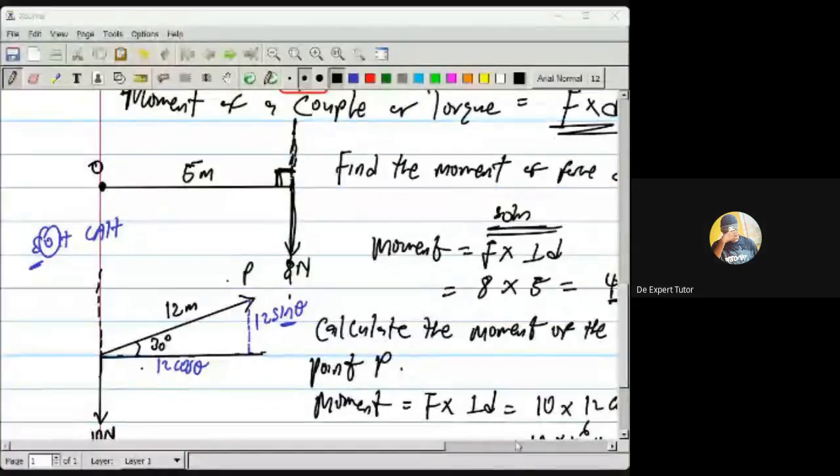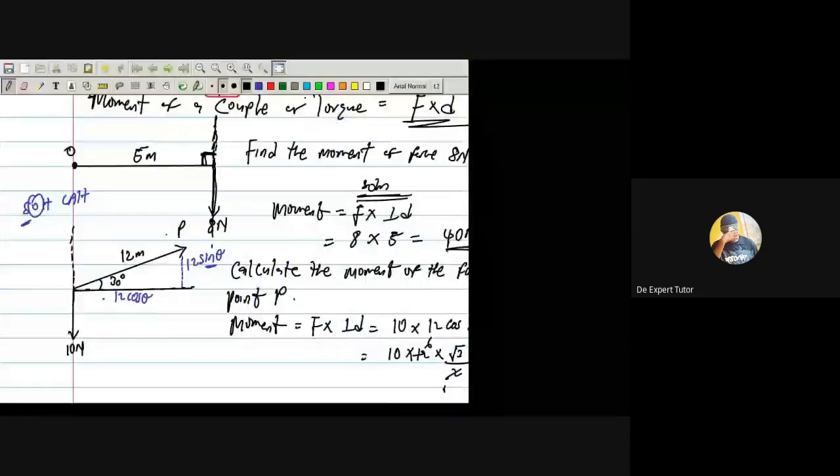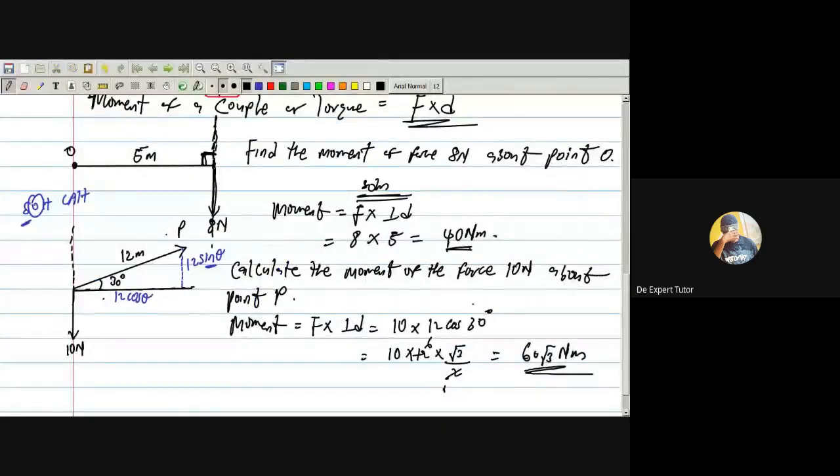That's how to find moment. Some parts are still joining. All right, so that's how to find moments.